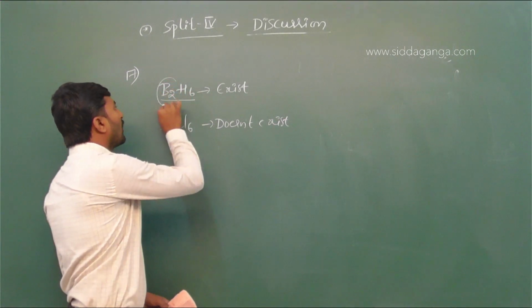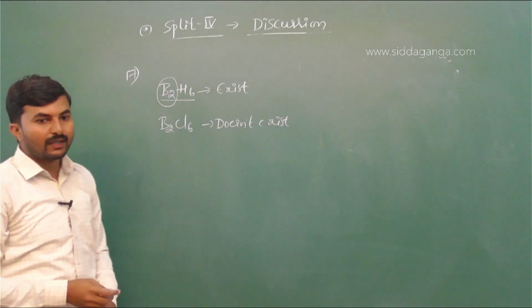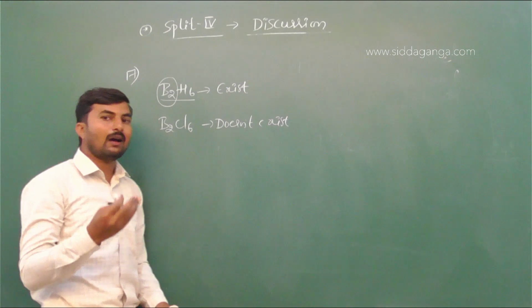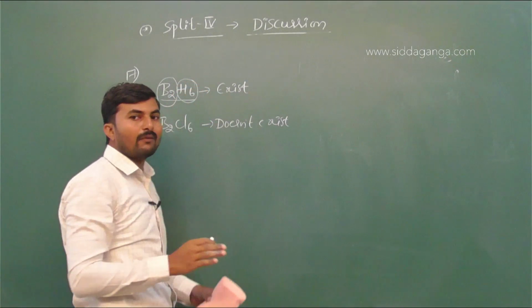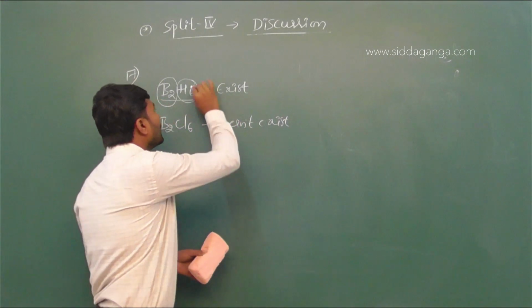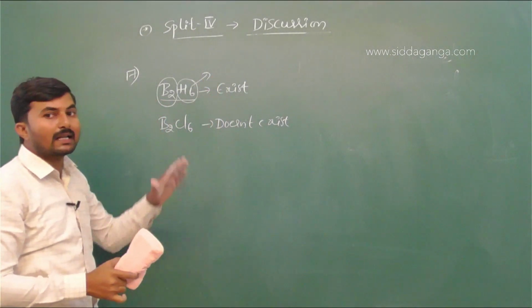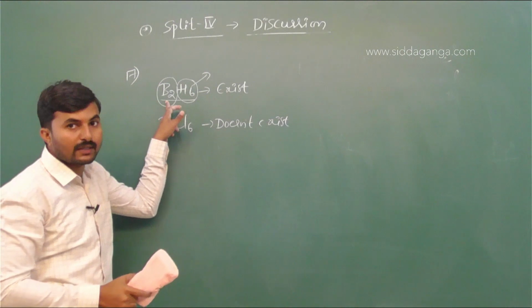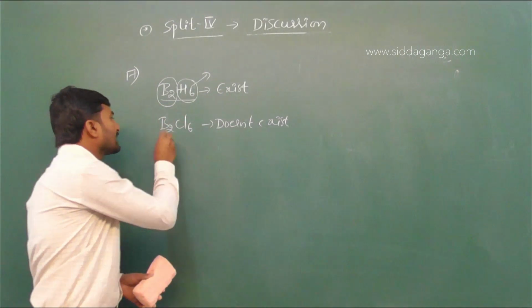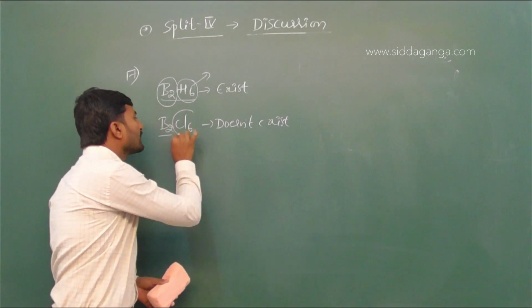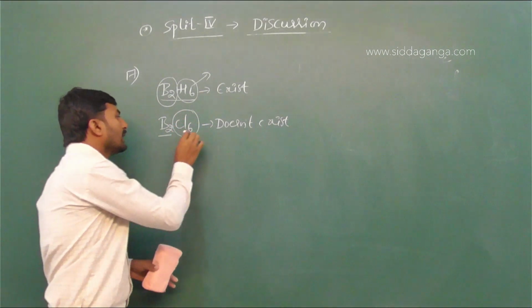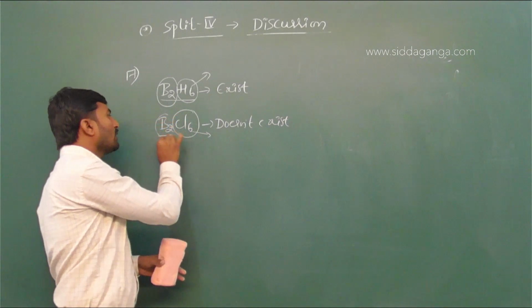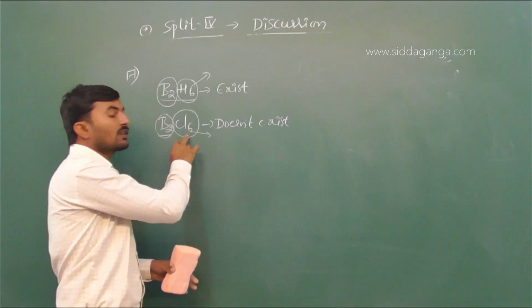Here boron, being very small in atomic size, can accommodate only atoms which are smaller in size. Hydrogen, being smaller, will get accommodated over boron easily, but when we compare the size of boron, the size of Cl is much larger. That is why it is very difficult for boron to accommodate 6 chlorine atoms.